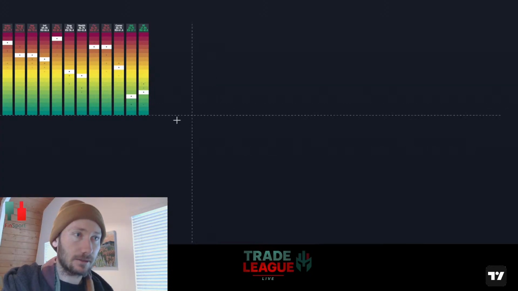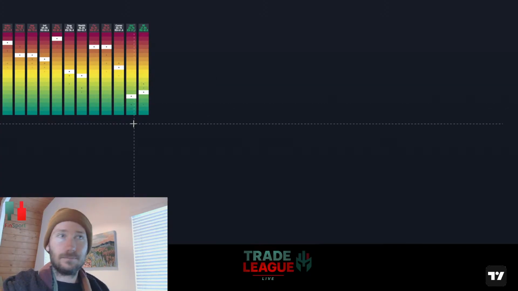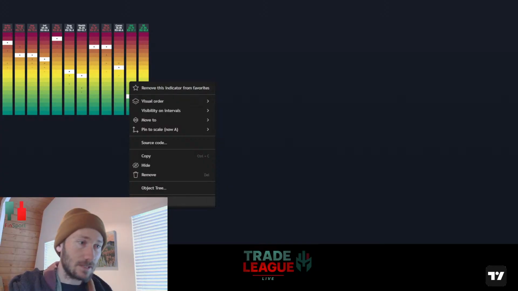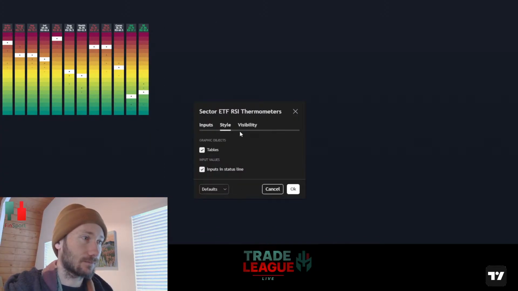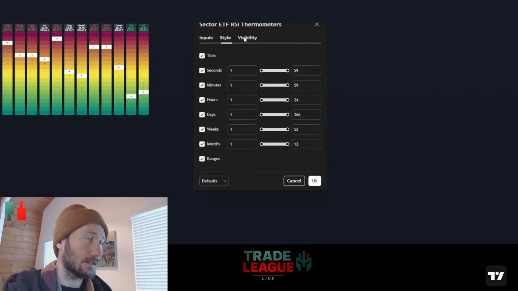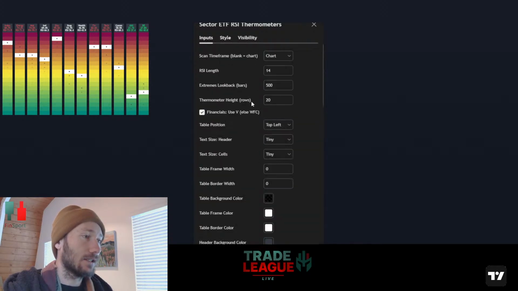Just look at the sectors. Make this bigger. It's a slow process, but honestly it helps that it's slow because that way I'm not just catching falling knives or jumping in too quick. I like to be patient.